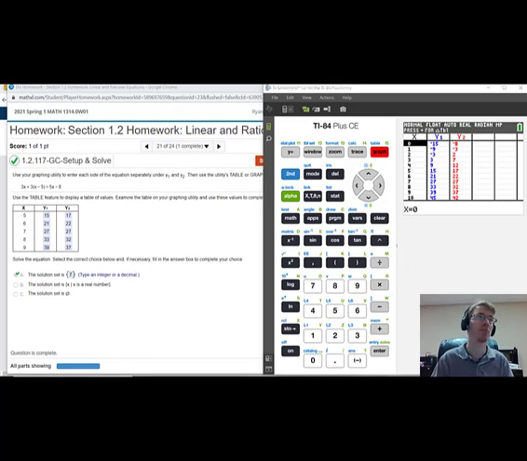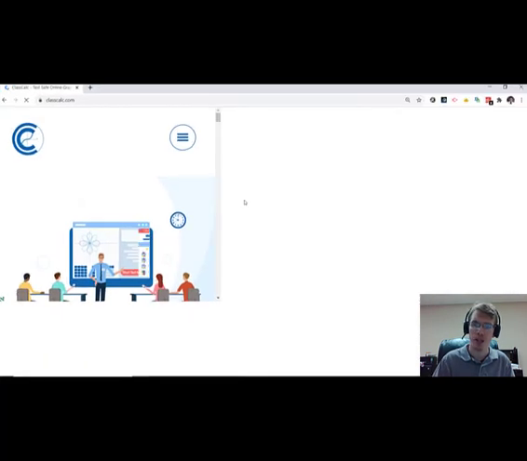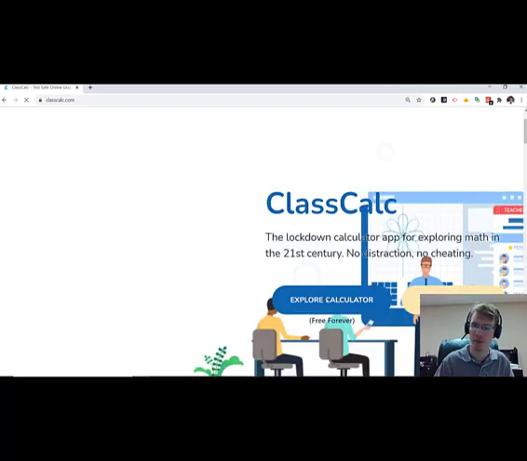Now let me see if I can pull up ClassCalc real quick to address how you would do it with that tool, since I know some of you are also doing that. Let's bring this over. All right, so here is ClassCalc, and I'm going to choose the graphing calculator, Explore calculator.